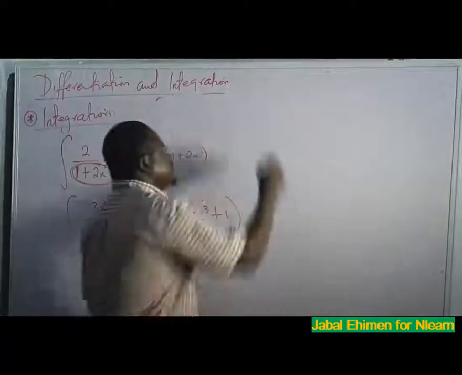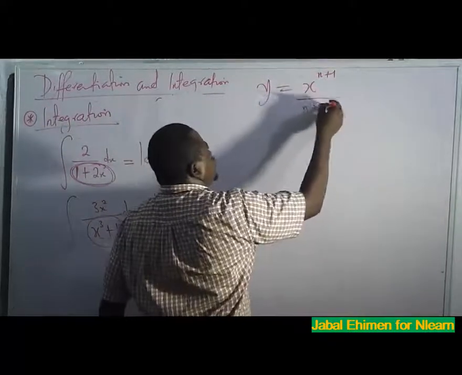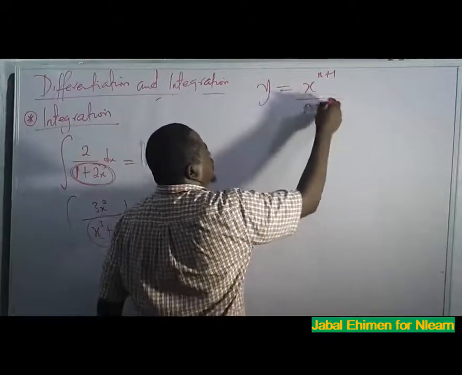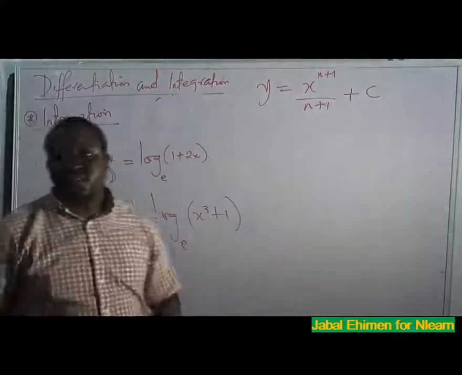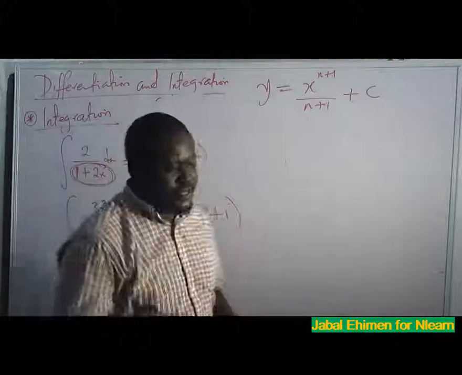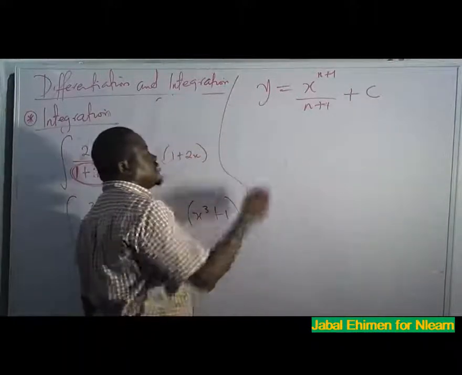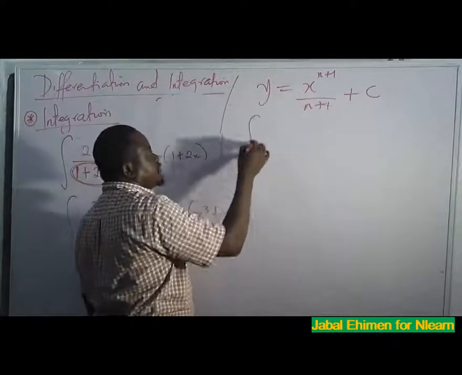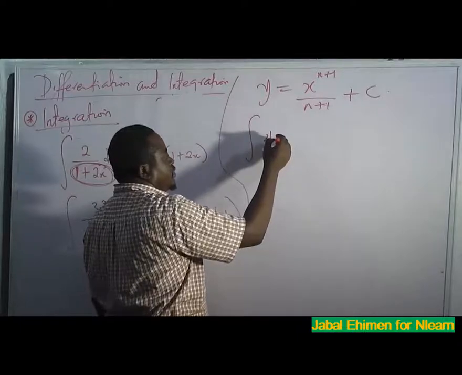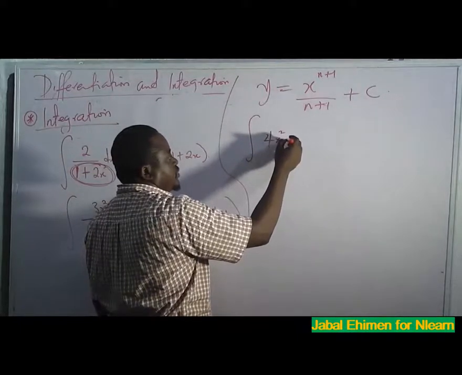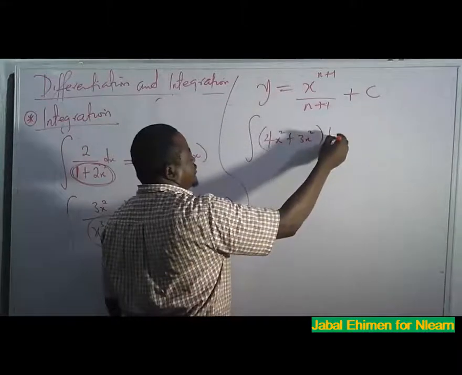The value still remains y equals x^(n+1) over n plus 1, plus c. Don't forget the arbitrary constant, which is the integral constant. Let's take a look at something of this nature. Maybe you are told to integrate 4x squared plus 3x squared dx.